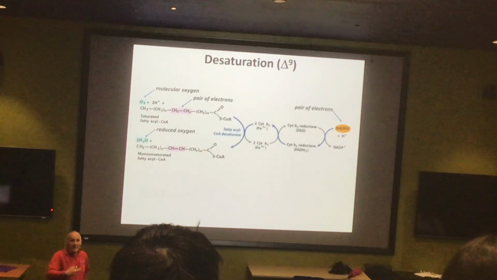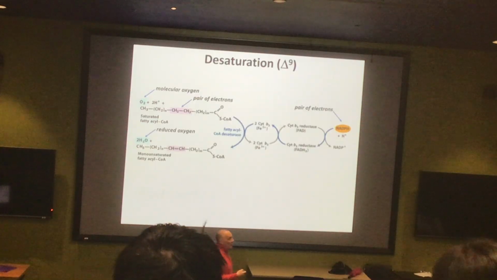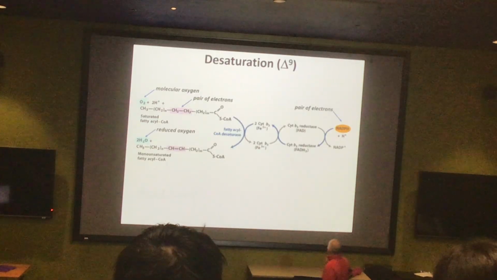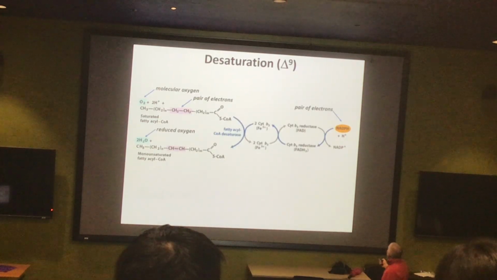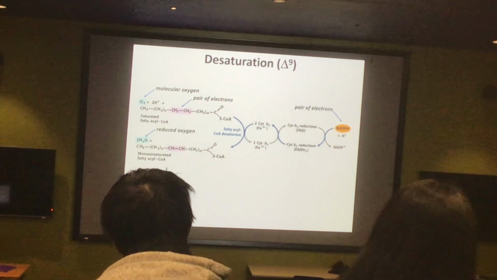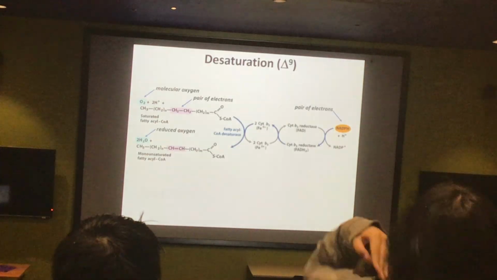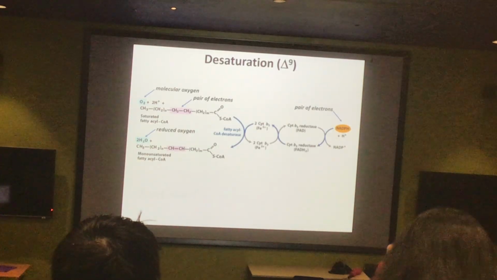We fed it NADH. What is the source of the electrons here? NADPH. So these electrons, NADPH, are not being used to somehow introduce a double bond. They are being used to reduce the oxygen to water.